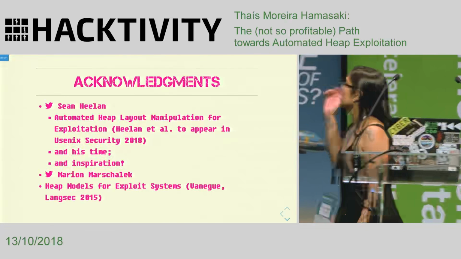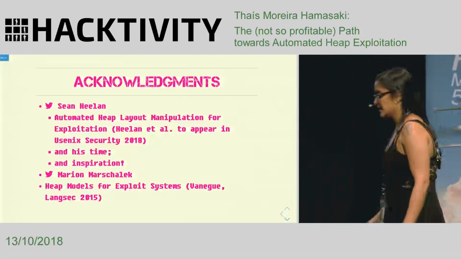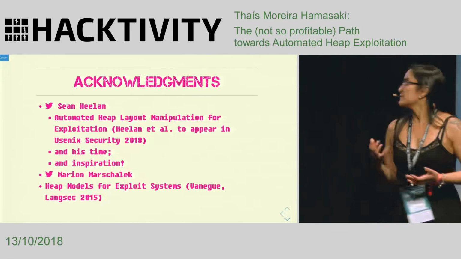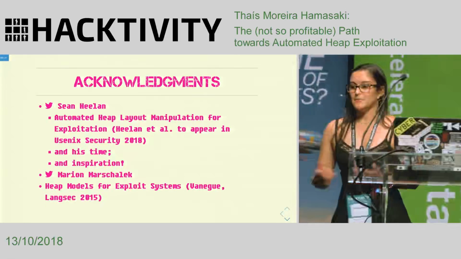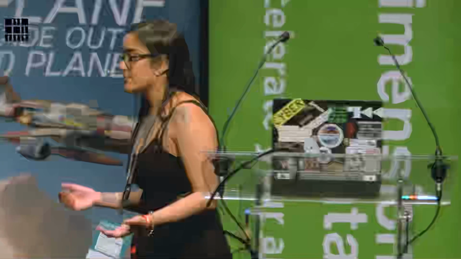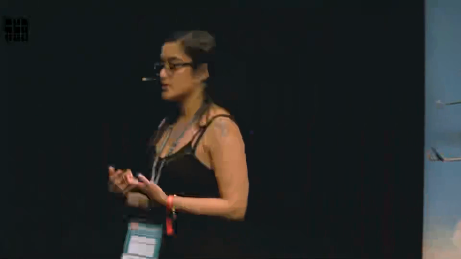I also used this. It's a bit of an old paper from Vanegue, but it was one of the papers that helped me define all these things in a mathematical way. Because as I said before, for most of the bugs or exploits, if you try to search for them, you just find, I broke this like that, this code works for this.